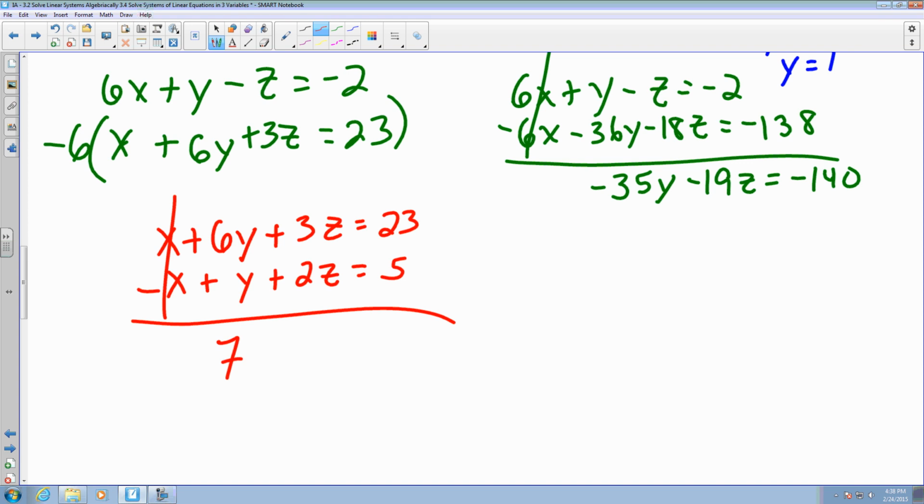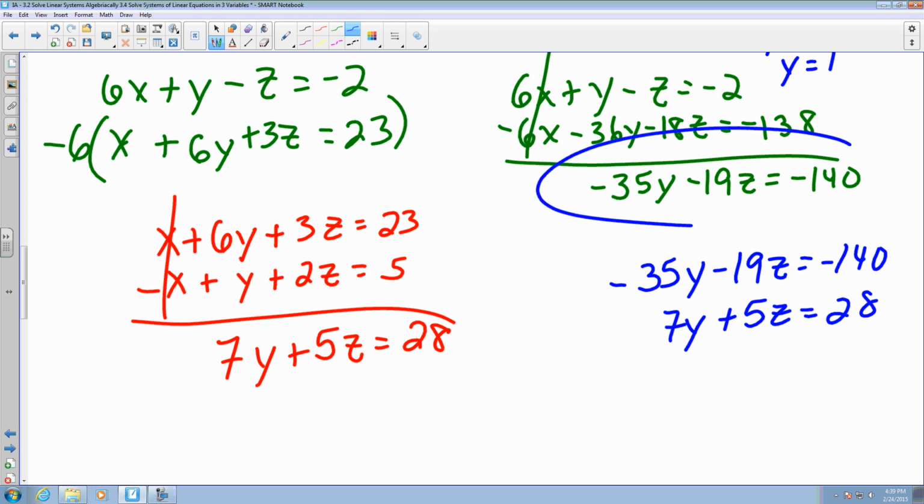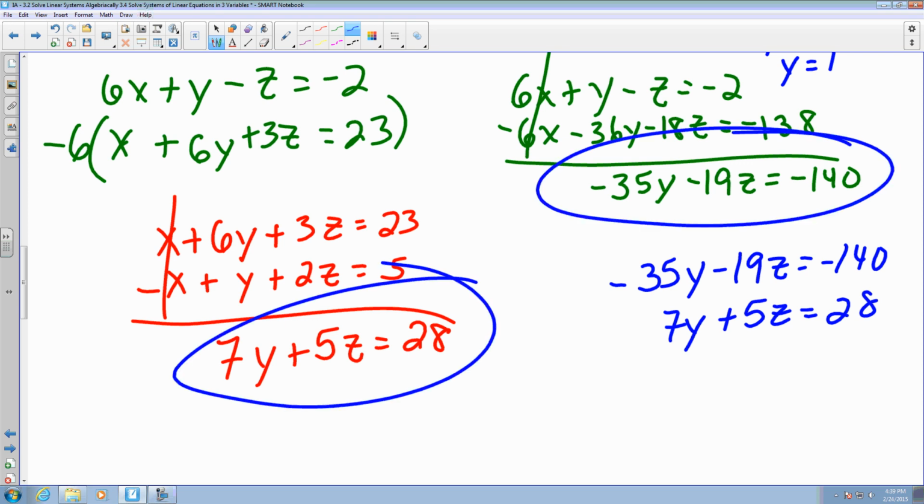And then this is 7y plus 5z equals 28. Okay, so now I'm going to just pay attention to these two equations. So now I got -35y minus 19z equals a -140. And then I got 7y plus 5z equals 28, where I got it from these two equations respectively.